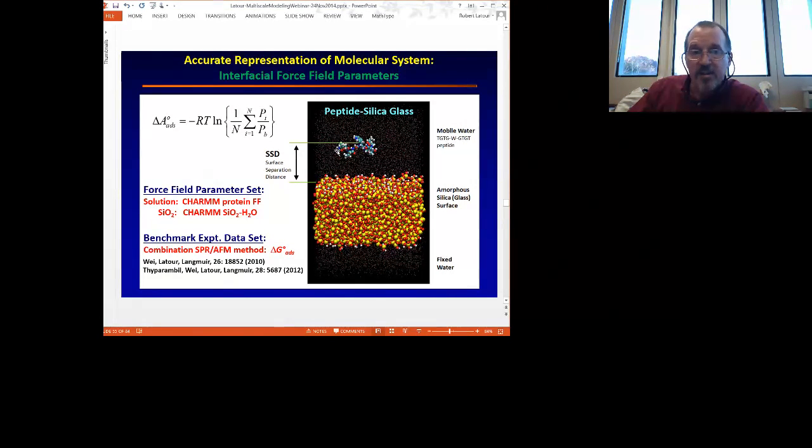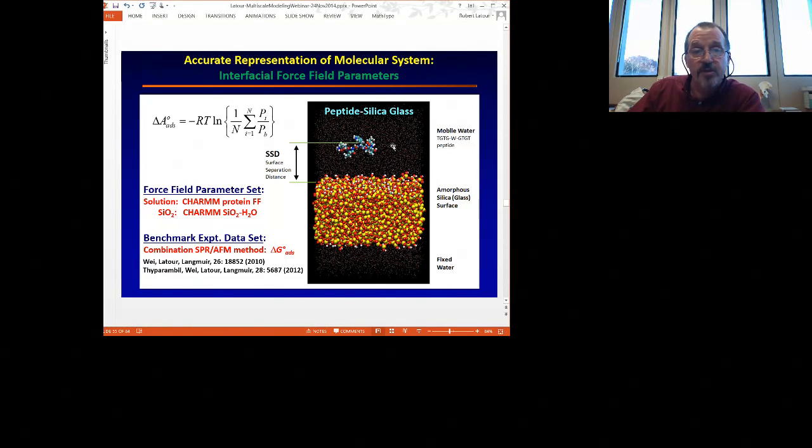We have to get the conformation of the protein in solution and the interactions of the protein with the surface, both of those accurately represented. The CHARMM parameters are tuned to get the peptide conformation correct, and what we're finding is they're not representing interaction with the surface correctly. We can't change those parameters or we'll get the conformation behavior wrong.